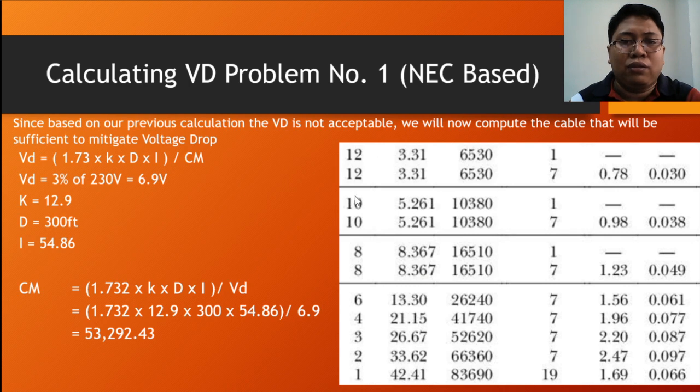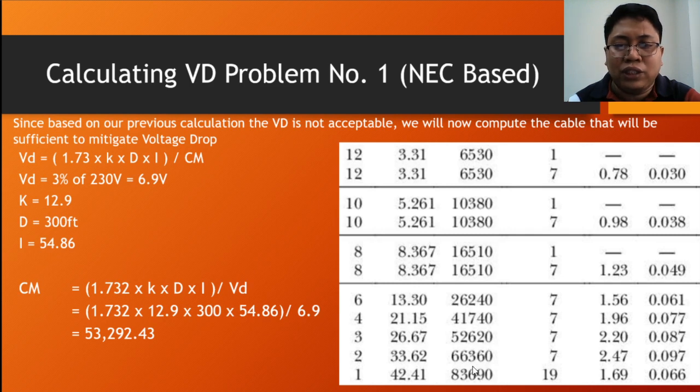Ngayon, tingnan natin yung ating reference, yung sa NEC. Ito yung AWG number niya. Ito yung size ng conductor, kung ilang mm squared. And then, ito yung circular mills. Basically, since 53,292.43, dito siya maglalaro sa number 3. Kaya ng 52,620, so maliit.